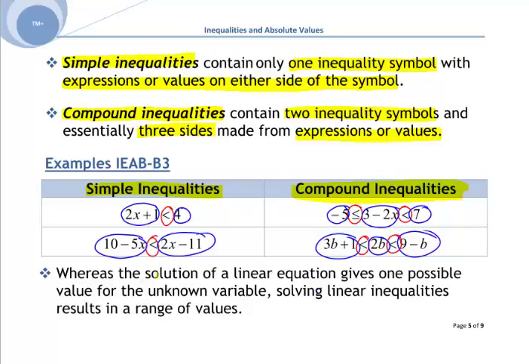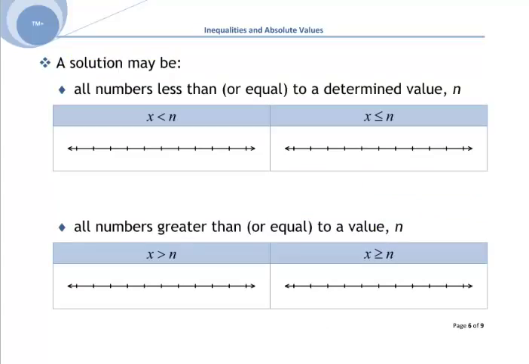Now, whereas a solution of a linear equation gives one possible value for the unknown variable, solving linear inequalities results in a range of values. A solution may be all numbers less than a determined value n. So if I have x is less than n, to put that on a number line, n is any number.